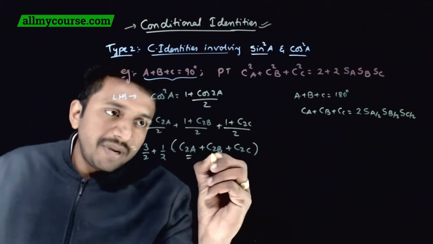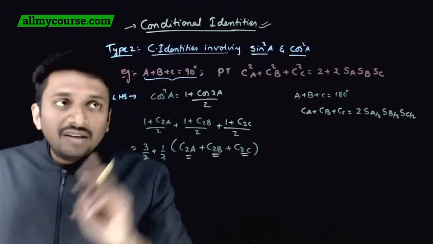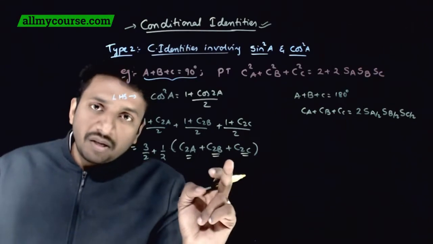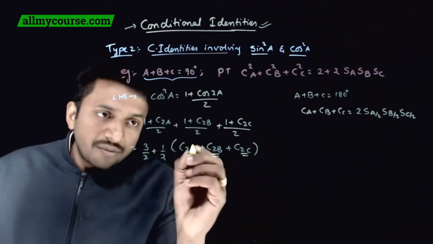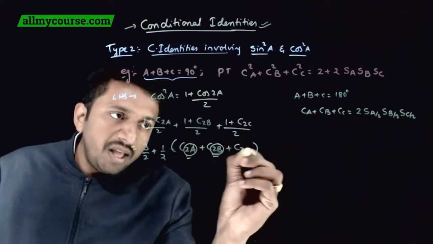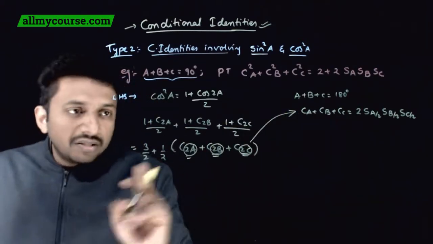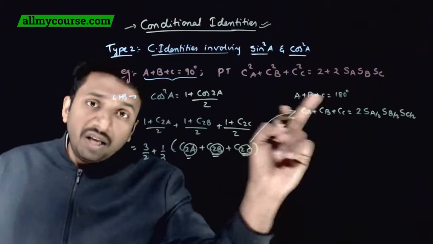So what is 2a plus 2b plus 2c? If a plus b plus c is equal to 90 degrees, 2a plus 2b plus 2c will be equal to 180 degrees. So for 2a, 2b and 2c, can I apply this formula? Yes. So 2a plus 2b plus 2c is equal to 180 degrees.